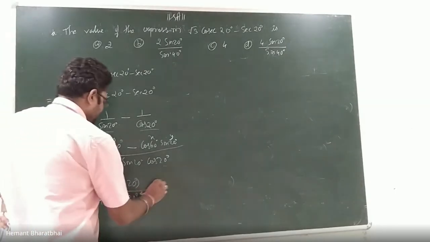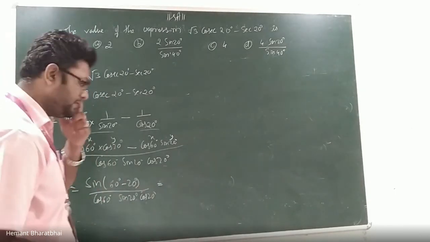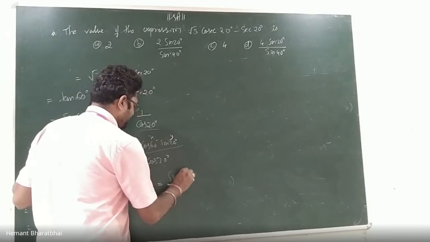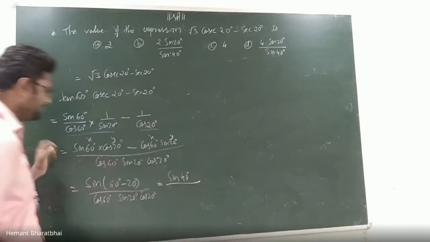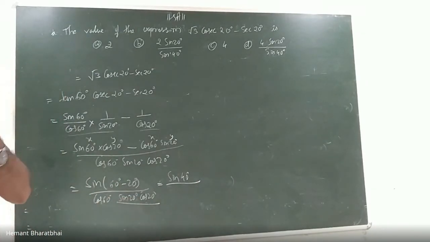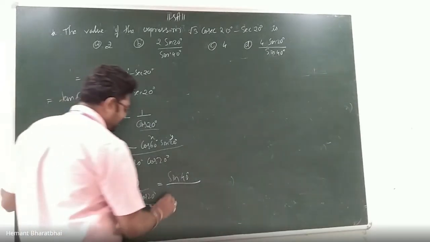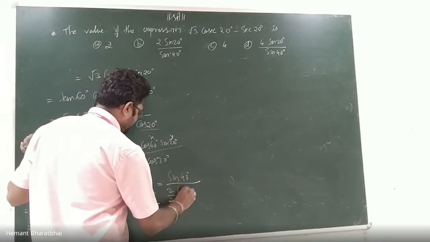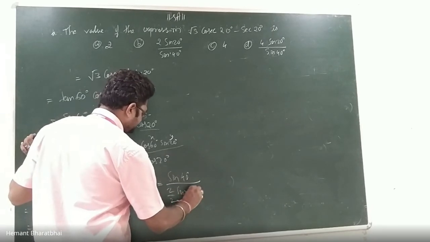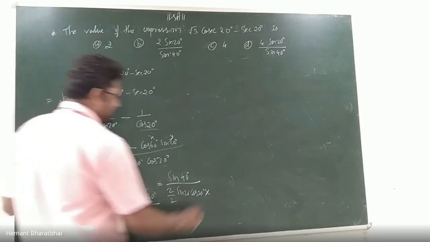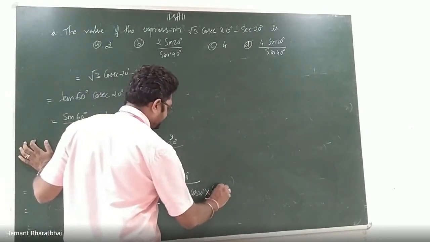Now sin of 60 minus 20 is how much? 40. So this will become sin of 40 degree. So here I see sin 20 cos 20, and 2 times sin x into cos x is sin 2x, therefore I will multiply and divide by 2. So that is sin of 20 degree into cos of 20 degree, into this term there is cos of 60 degree.